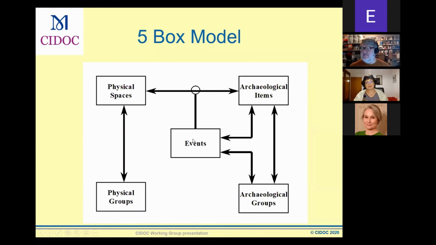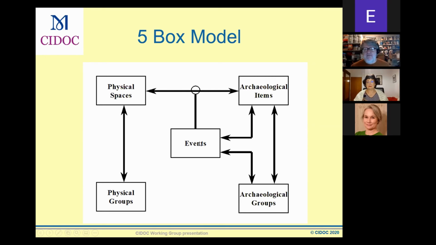Now, there's a special relationship between the first event, where we first spot the piece of archaeology, and the relationship between the archaeological item and where it is. Because obviously this is us discovering that thing and establishing that this archaeological item is in this physical space.